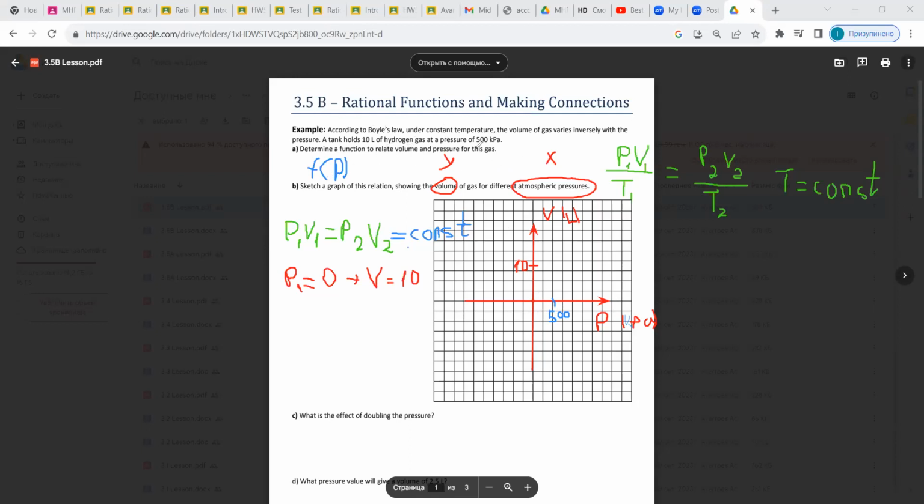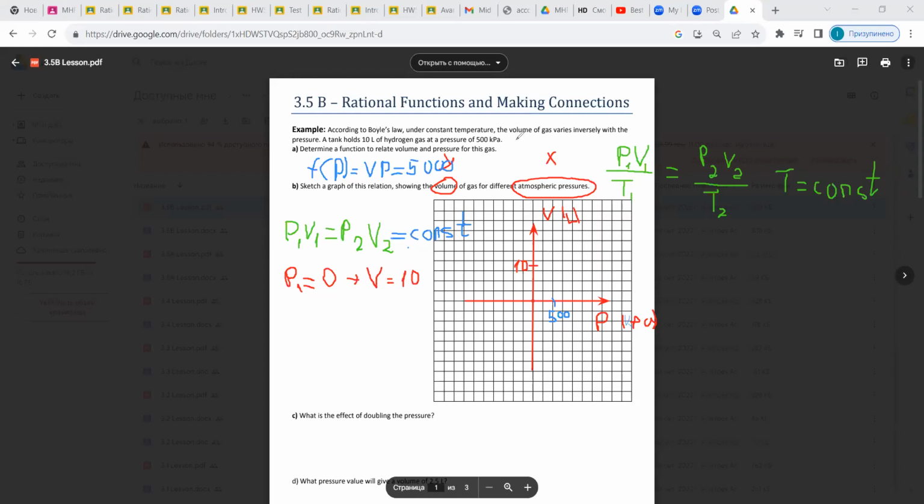So we know that in our starting conditions, P times V, F of P equals V times P, and we know that it equals 5,000. 10 liters times 500 kilopascals. Let's keep it in kilopascals for convenience.